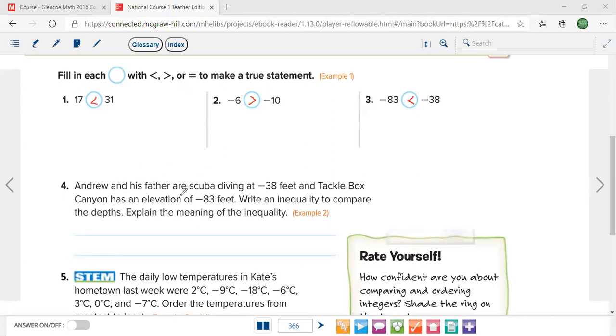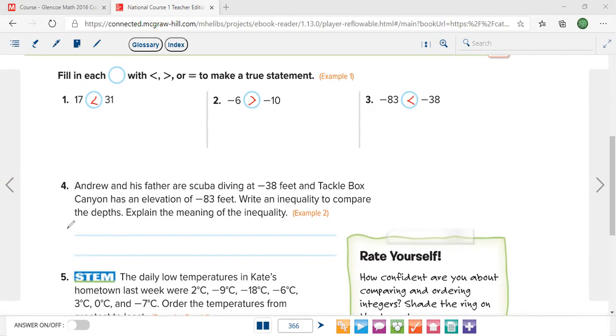Andrew and his father are scuba diving at -38 feet, and Tacklebox Canyon has an elevation of -83 feet. Write an inequality to compare the depths. Explain the meaning of the inequality.